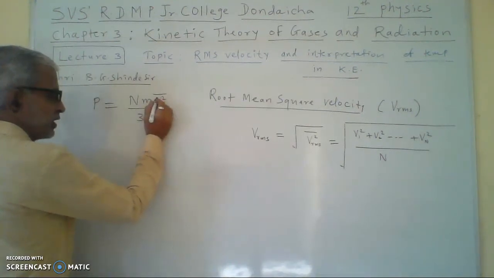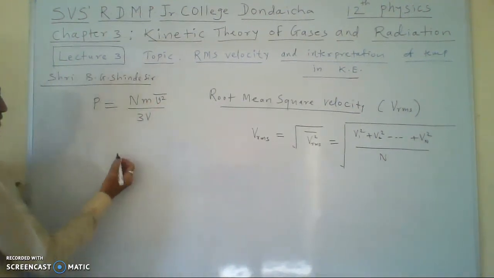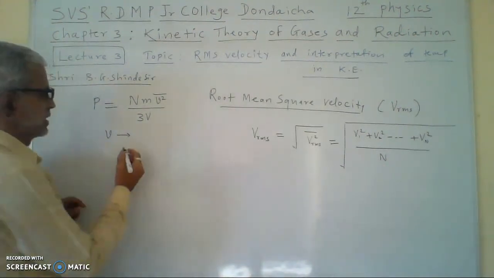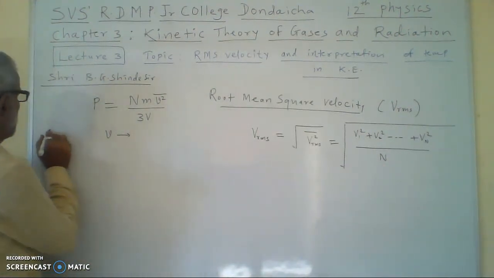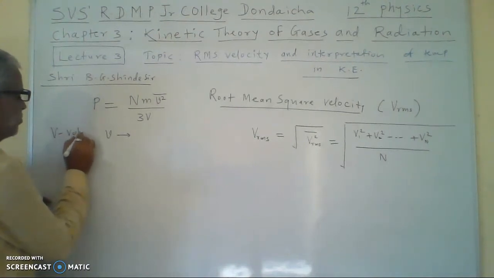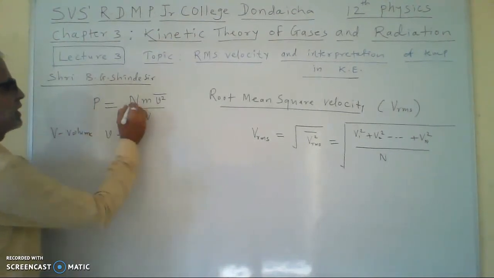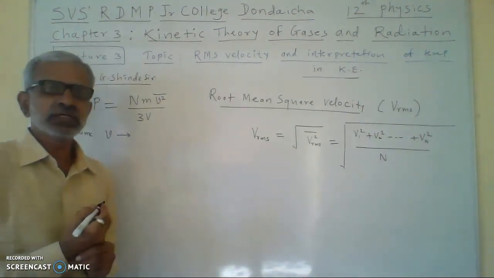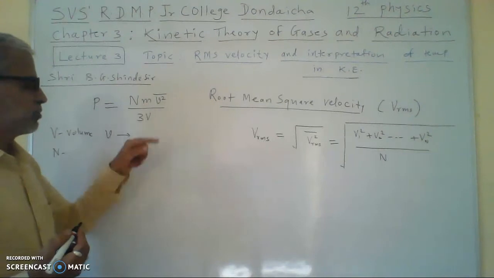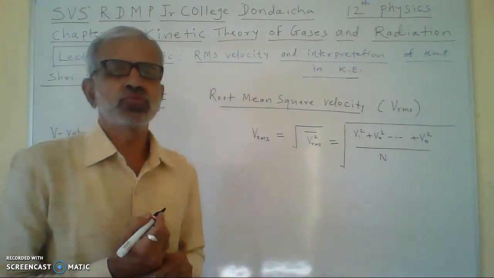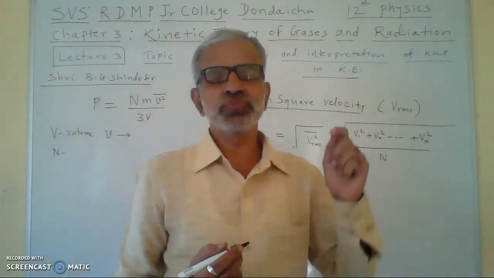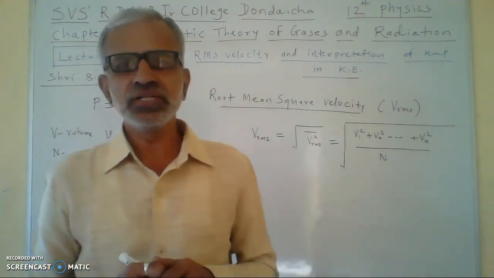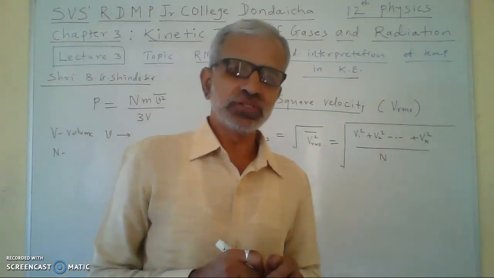Now here small v is the velocity of the molecules of the gas, capital V is the volume of the gas, N is the number of molecules of the gas, and m is the mass of each molecule of the gas. So we start from this expression for the pressure of the gas and find the RMS velocity.